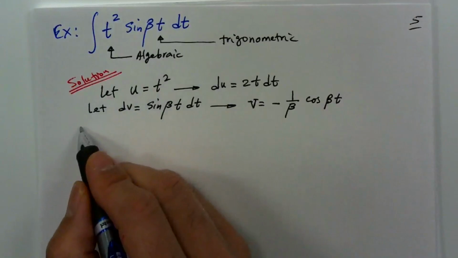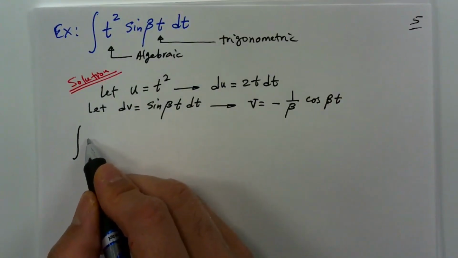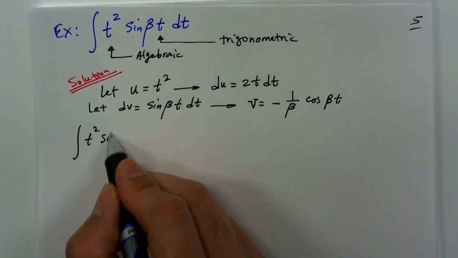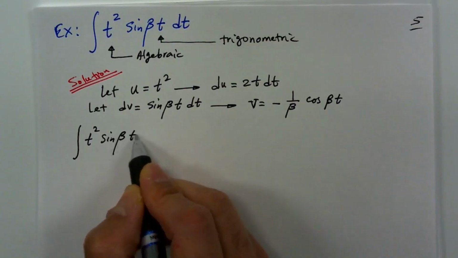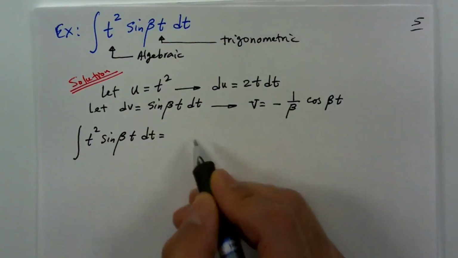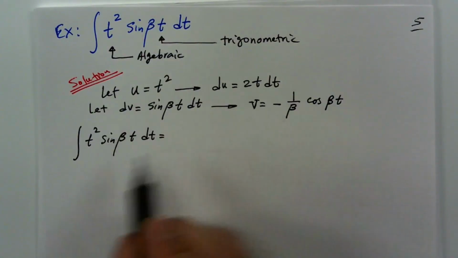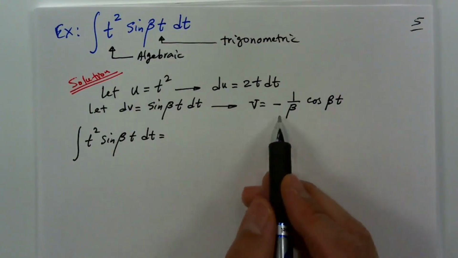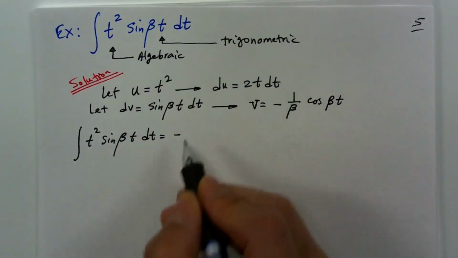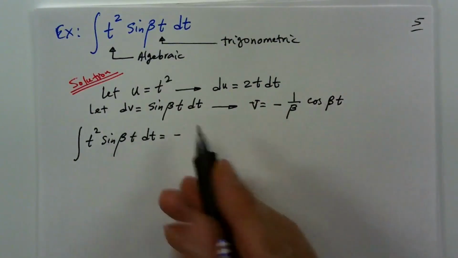Therefore we have the integral of t squared sine beta t dt is equal to uv, right? Let's multiply these. What do we get? We get minus, I'm just going to put the constant in front, beta is some constant, right?